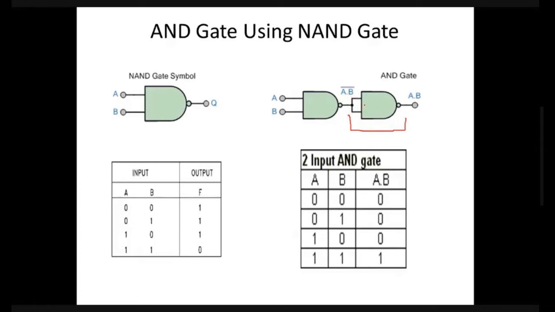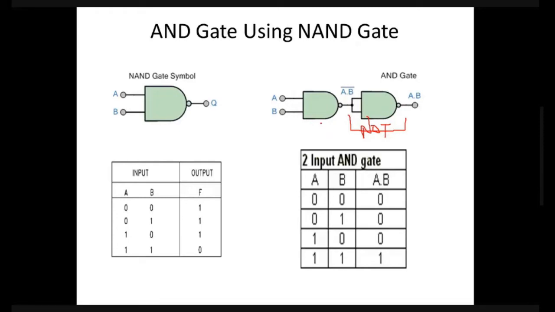Why is it a NOT gate? Because here the A input and here the second input B, both are short circuited. So this NAND gate acts as a NOT gate. And this is an AND gate.